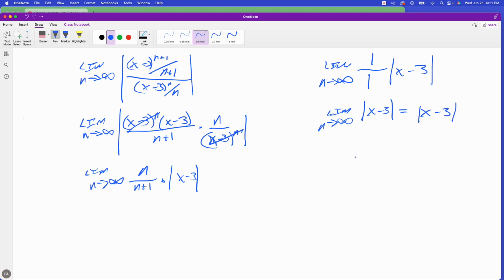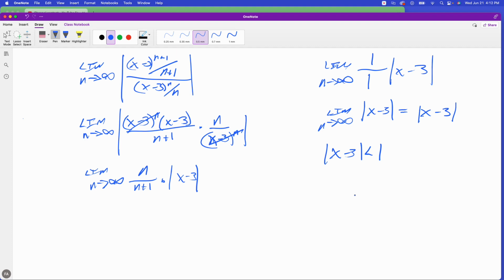Now, the thing about the ratio test was we wanted this to be less than 1, right? If it was equal to 1, it was actually inconclusive. We didn't know what it told us. When it's greater than 1, it's going to diverge.